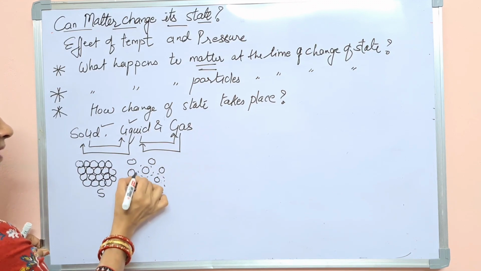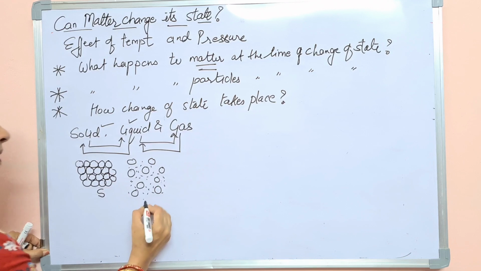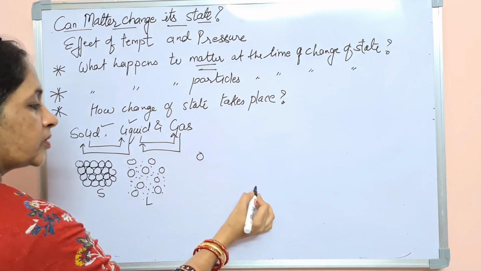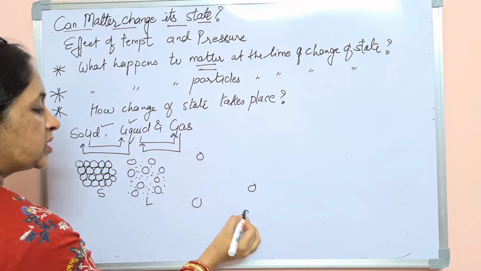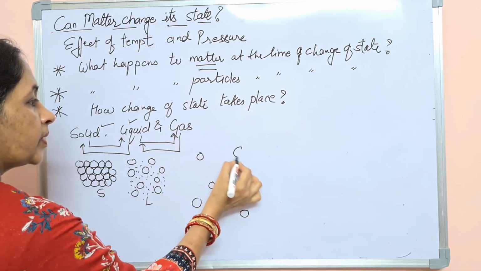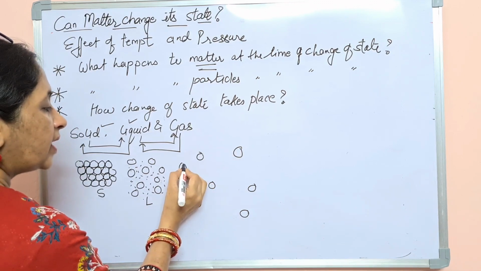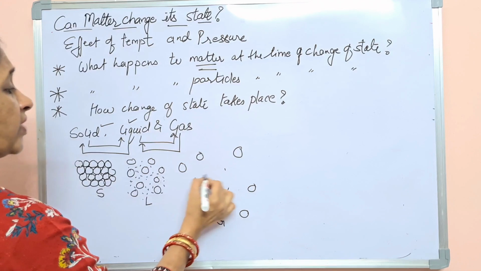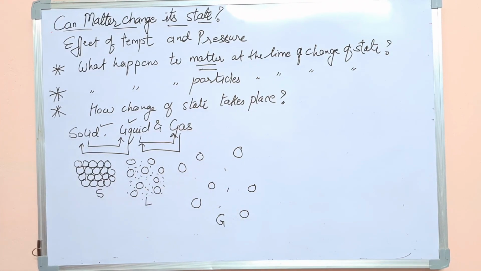Intermolecular empty space is present. This is the arrangement in case of the liquid. And in case of the gas, the molecules are very far away from each other and a lot of empty space is present. So this is the arrangement of the particles in solid, liquid and gas.